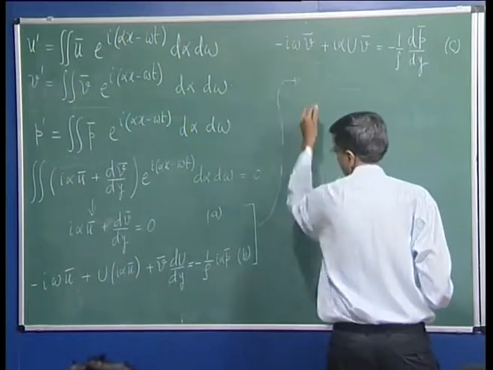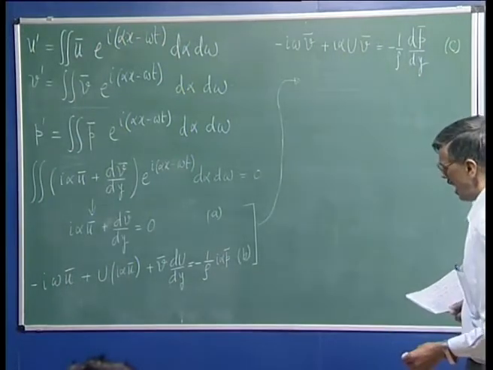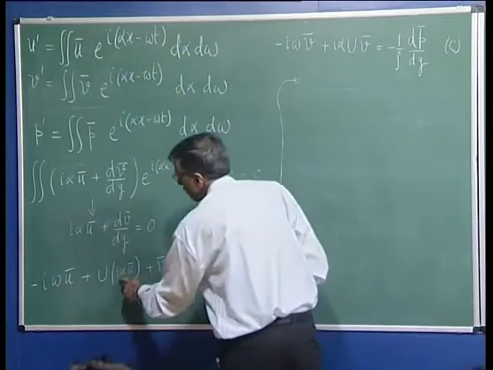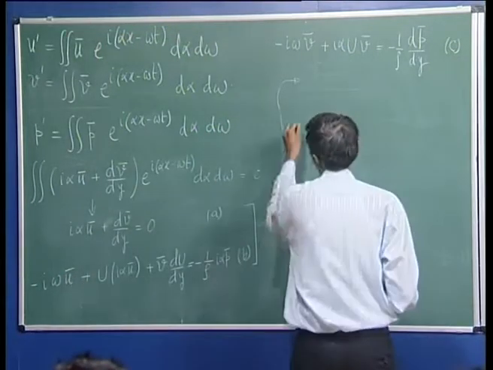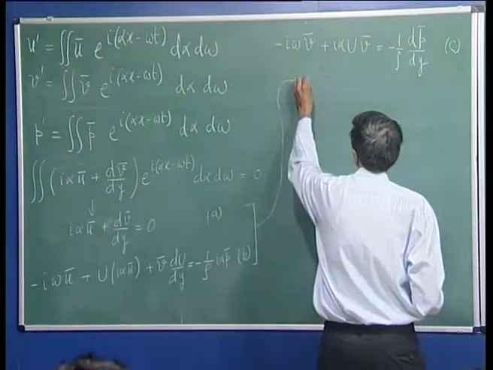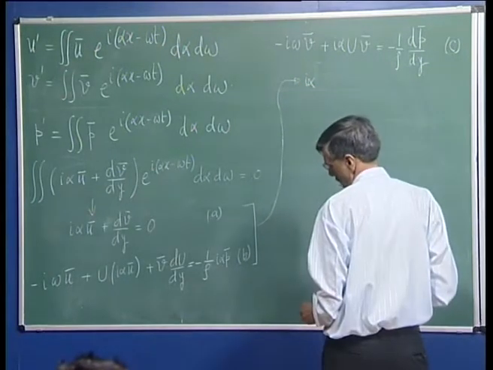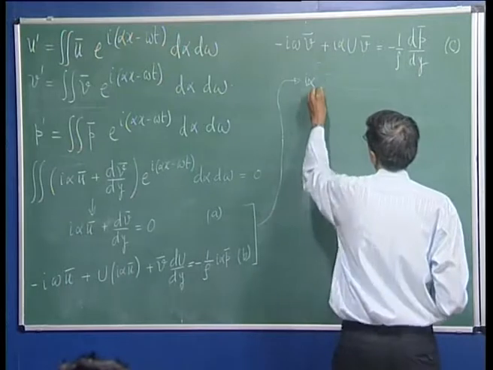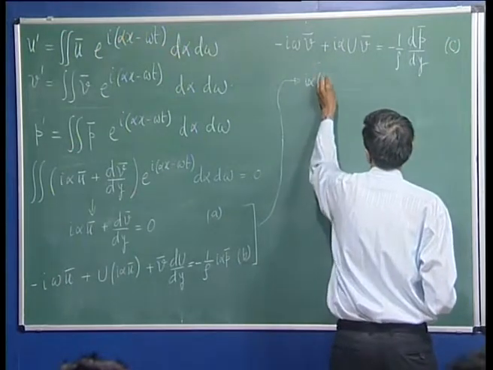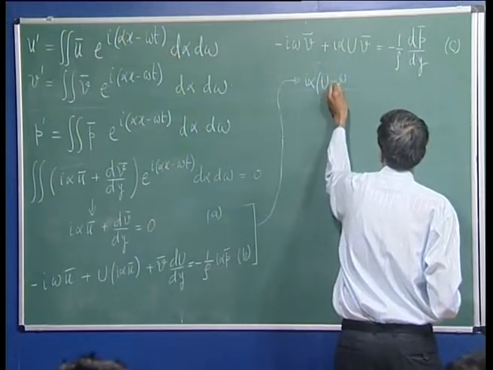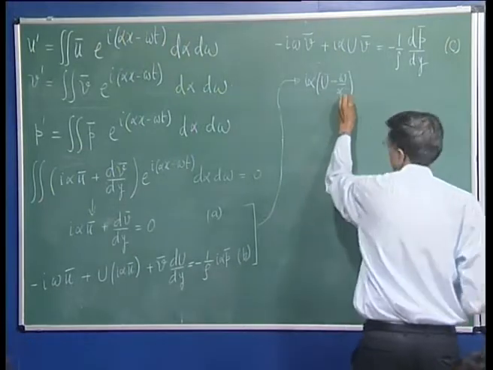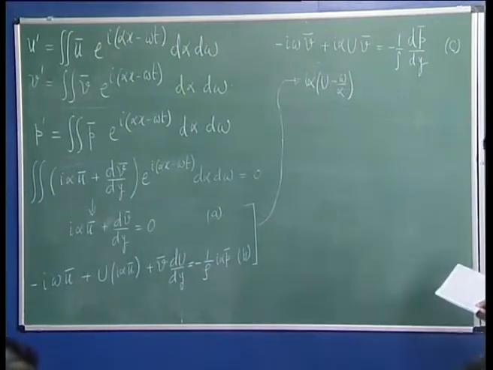I have two terms there, which I can write. If I write I alpha, then what do I get? u minus omega by alpha into u bar.